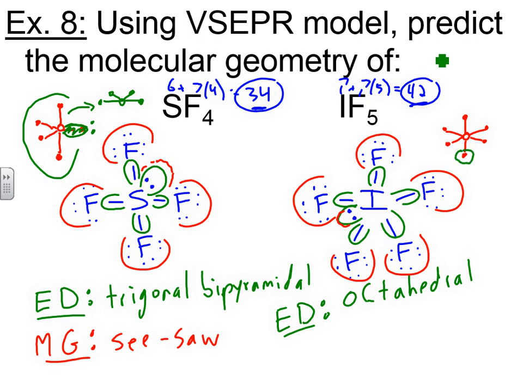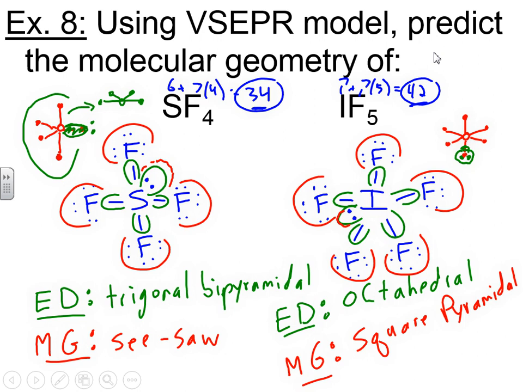And what's left is a square pyramid, and that's what we call this molecular geometry, square pyramidal. You got square pyramidal for these. Okay, hopefully that makes sense. These are a little tougher to see. Again, we have molecular models, which we will use to visualize them a little better. And go ahead and try one on your own. Otherwise, this completes video 7 of Unit 3.